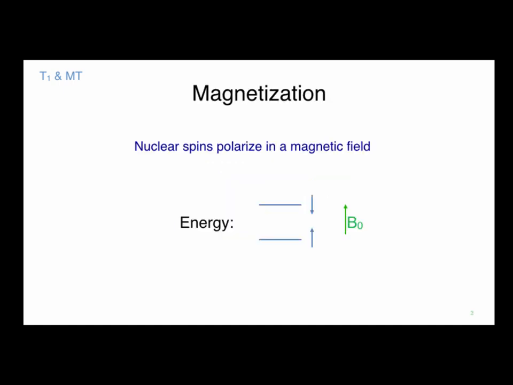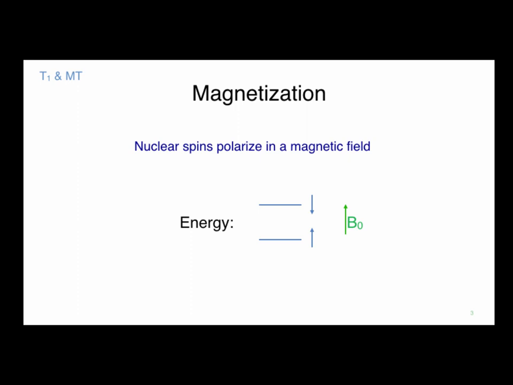So to understand T1, we start at the very beginning. What happens if you put nuclear spins in a magnetic field? As you might know already, following this course, or maybe not, you can, with some quantum mechanics, find that spins that are parallel to the field have a slightly lower energy level than spins that are opposing the field.